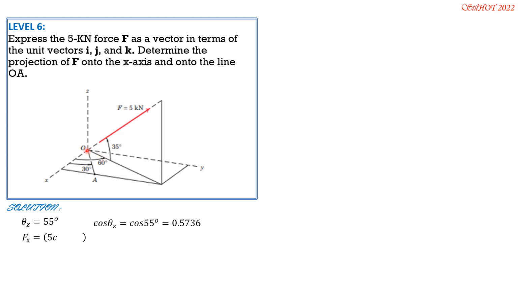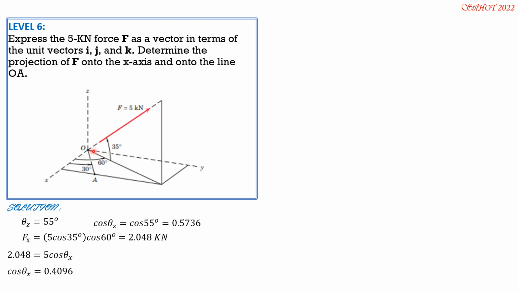So 2.048 kilonewtons. Remember that Fx is F cosine theta x. So 2.048 equals 5 cosine of theta x, the angle that F makes with the positive x-axis. So cosine theta x is 2.048 over 5, which is 0.4096.